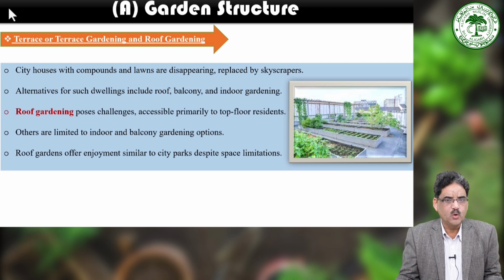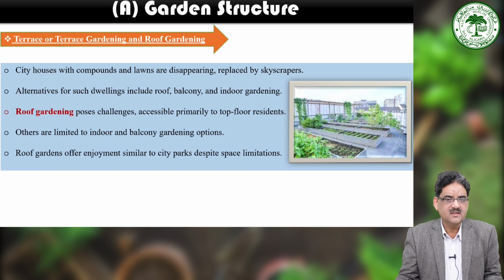As we all know, houses in the cities with a compound and lawn are disappearing and their place is being taken by skyscrapers, where the scope for conventional gardening is diminished. However, the only alternatives left with such dwellings are roof, balcony, and indoor gardening.